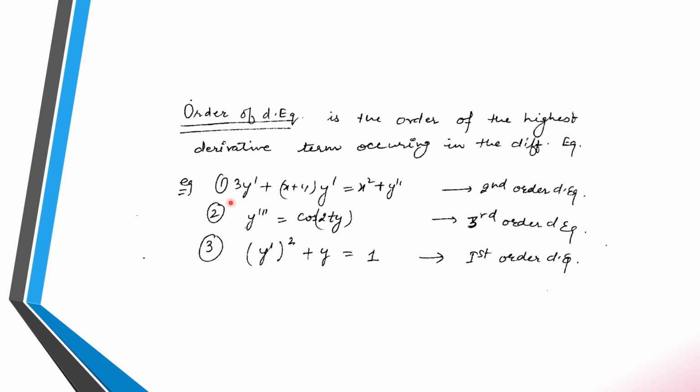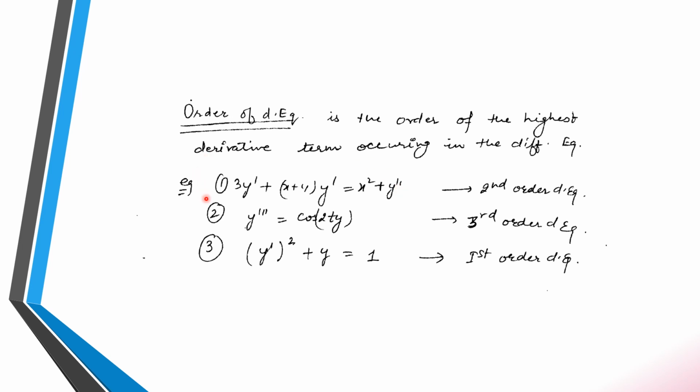For example, in this case we have the equation 3y dash plus x plus 4 times y dash is equal to x square plus y double prime. Here y prime and y double prime denote the first and the second derivative respectively, right?